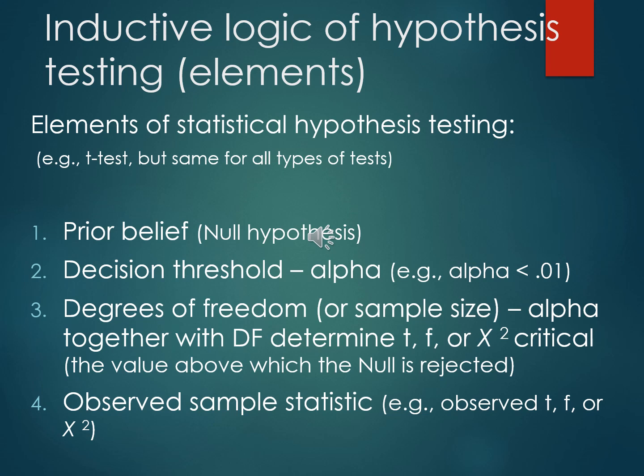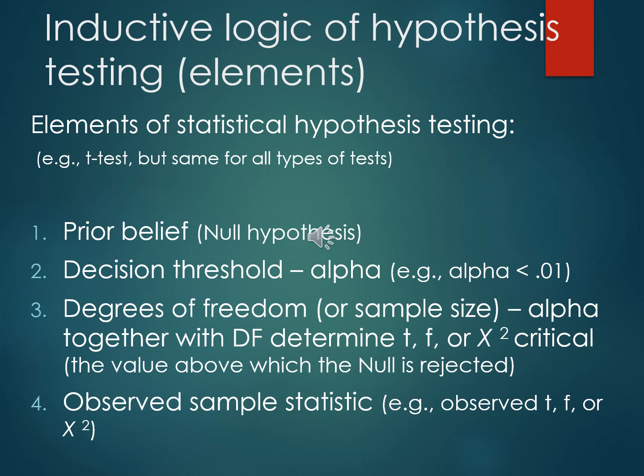It's a second element of the reasoning, which is the inductive logic of hypothesis testing. So the elements of hypothesis testing in statistics: now you have a prior belief, which is a null hypothesis. That's the default. Two means are assumed to be the same because there is nothing else that you know. Okay, that's basically the beginning of your reasoning process. And then you have a decision process threshold, which is indicated by the probability value, alpha.